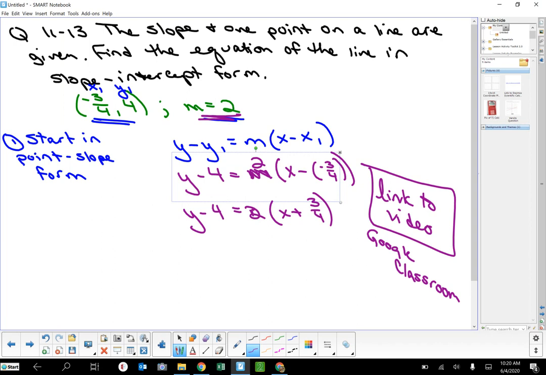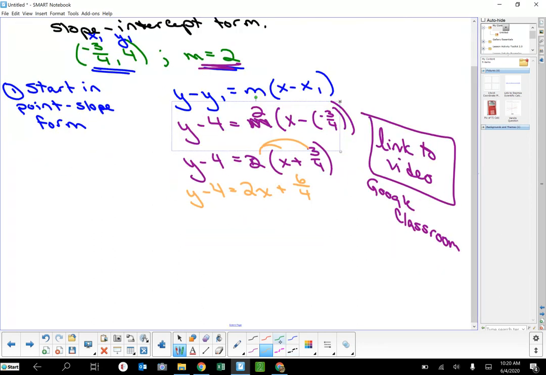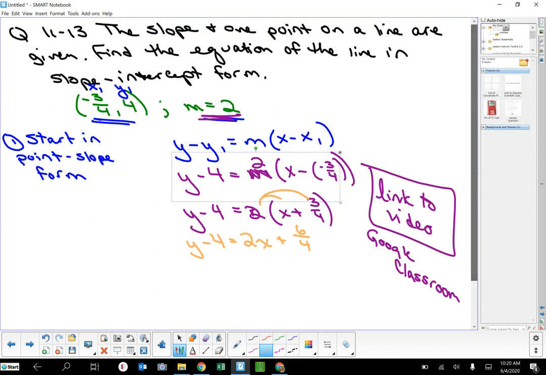So let's see. From here, you're going to distribute. So we have y minus 4 equals 2x plus 6/4. Again, use your calculator to do that math. We want this ultimately in slope-intercept form, right? That is the goal for this equation. You were told to find the equation in slope-intercept form.